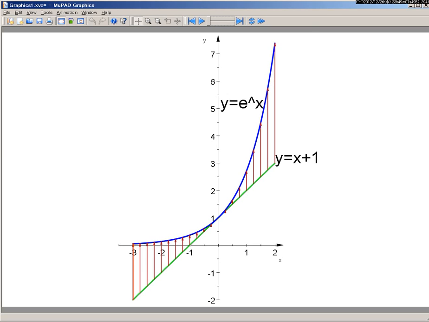And these gray vectors are the differences between e^x and y = x + 1, and we are going to align the start point of these vectors along the x-axis.